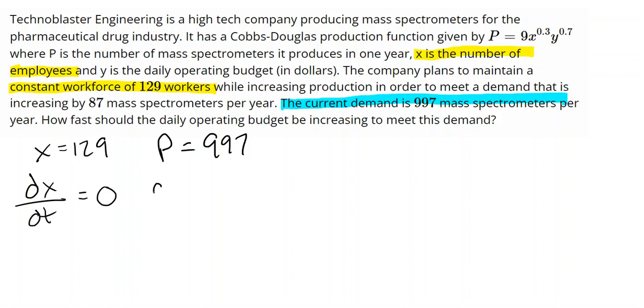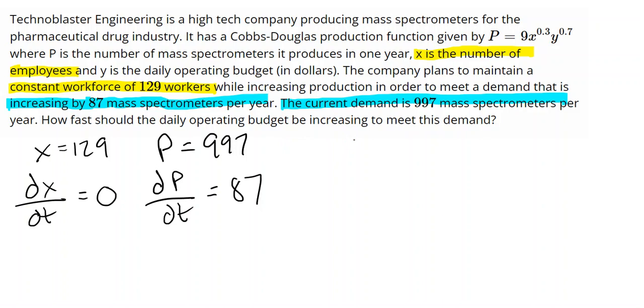So dP/dt is equal to 87. So this is what we know, and that was located right here. It is a rate of change.